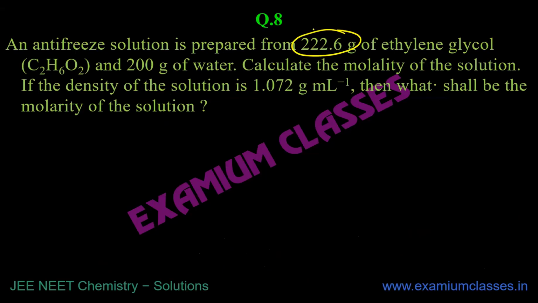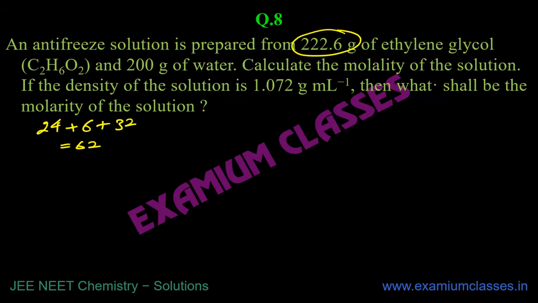For that, you will have to calculate the molar mass of ethylene glycol. Ethylene glycol molar mass will be 12 into 2 plus 6 plus 16 into 2, 62. And water, 18, you know that.